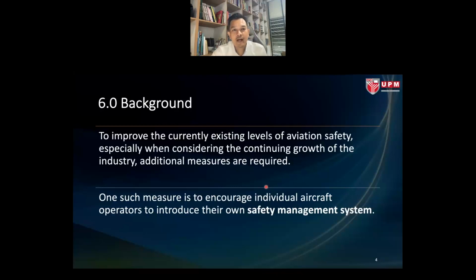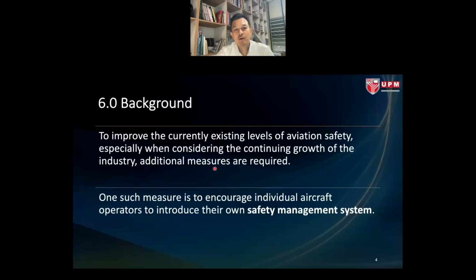All right, so if we look at the evolution of aviation safety or aerospace safety, it evolved from the early 1950s, 1970s, 1990s, and then until now, the levels of aviation safety are being strengthened as well as further improved.